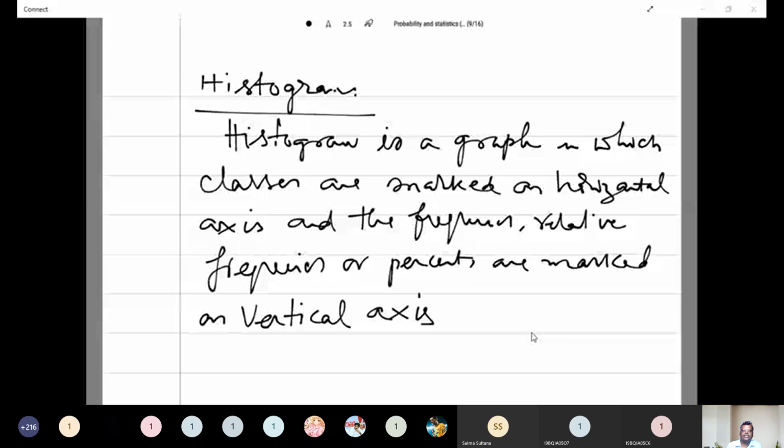That means the horizontal axis is the x-axis and the vertical axis is the y-axis.